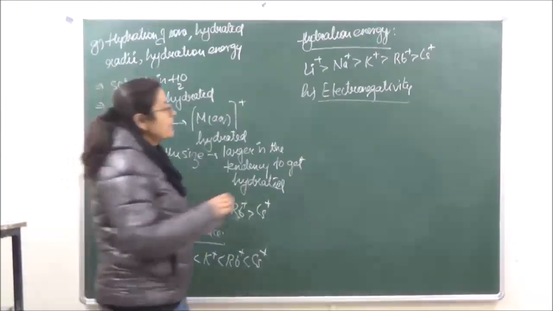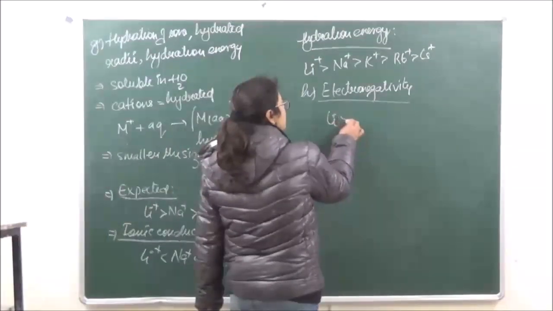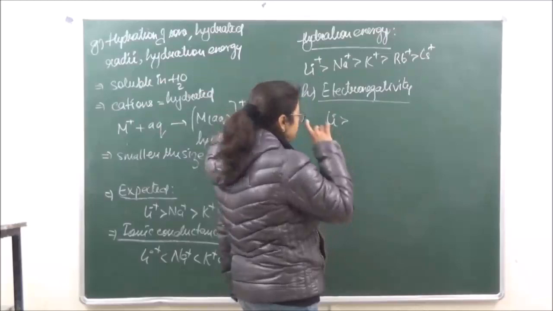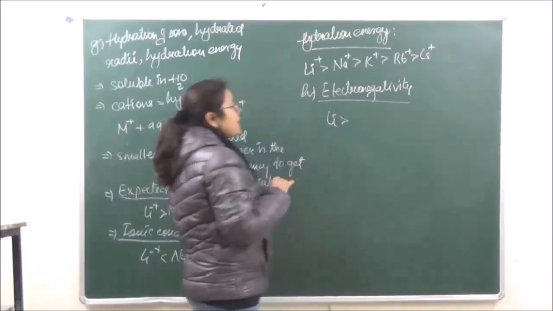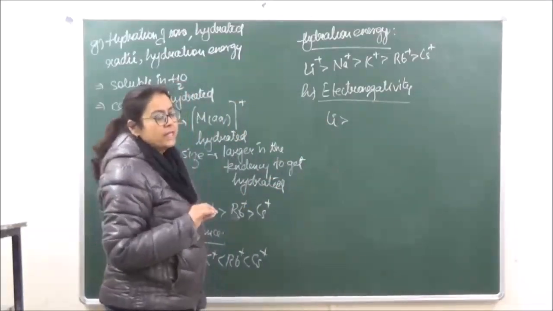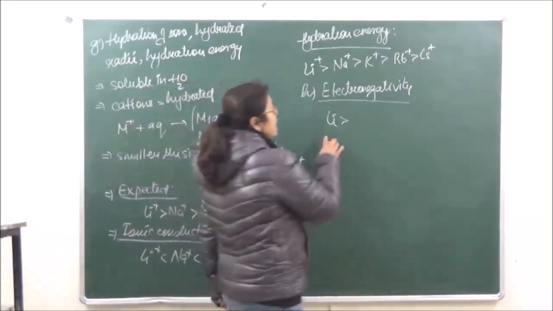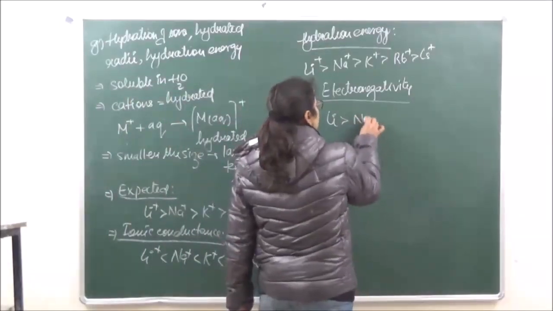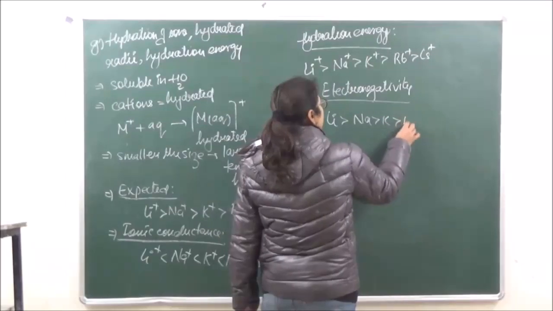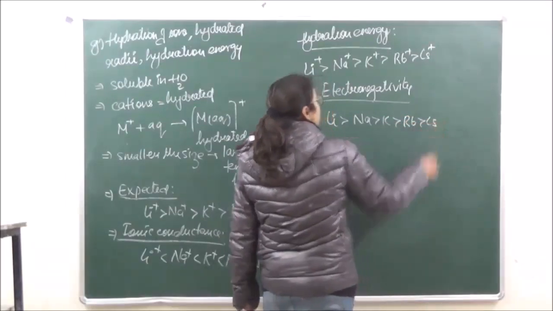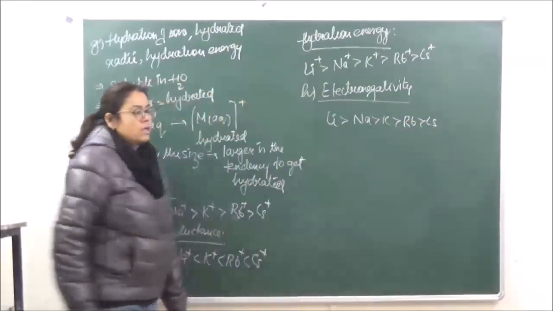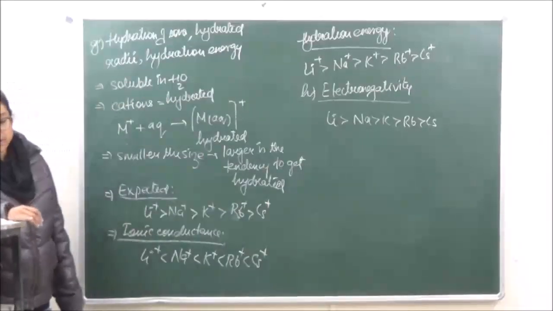Lithium is going to be most electronegative. The greater the value of ionization energy, the more is the electronegativity. So lithium will have higher electronegativity, then sodium, then potassium, then rubidium, and then cesium. This is what the electronegativity trend is.